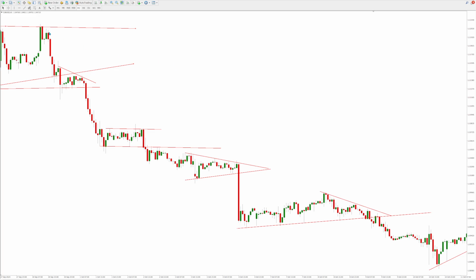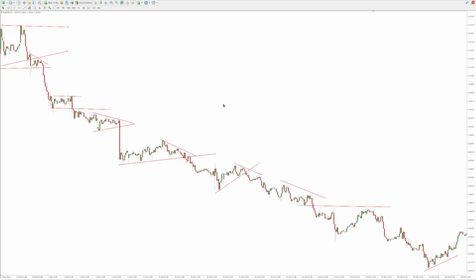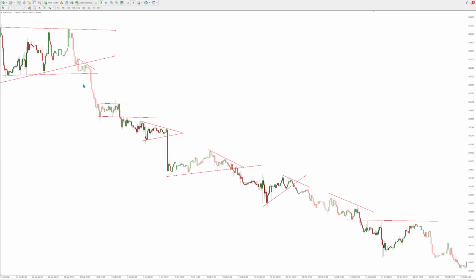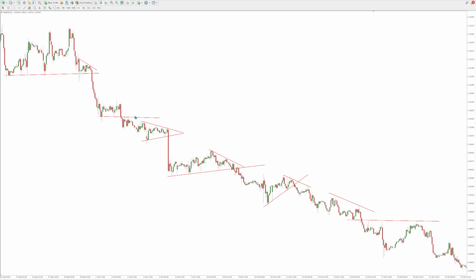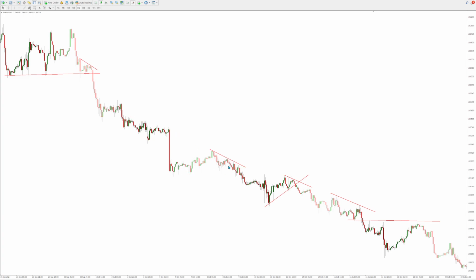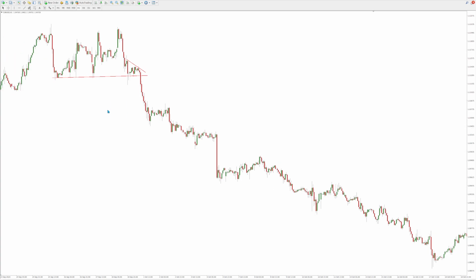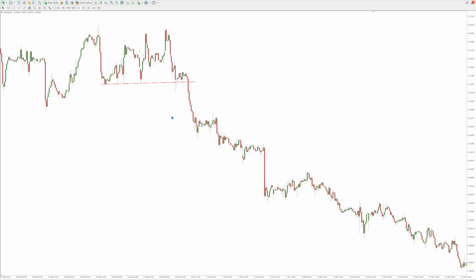And I've removed the moving averages there just to show you don't actually need them, believe it or not. Some would argue the chart just looks a lot cleaner without, if we just remove these lines. I mean, if we just keep it as basic as possible.